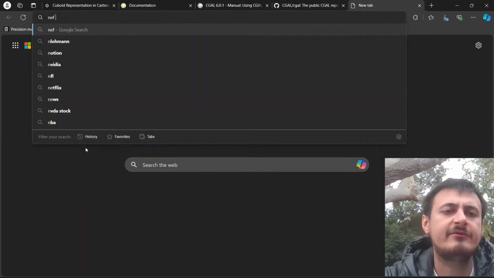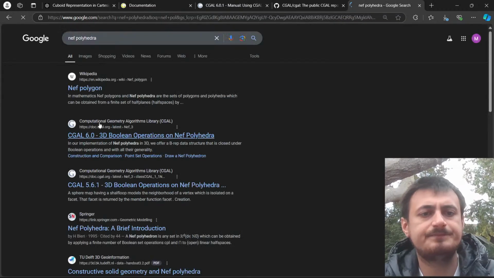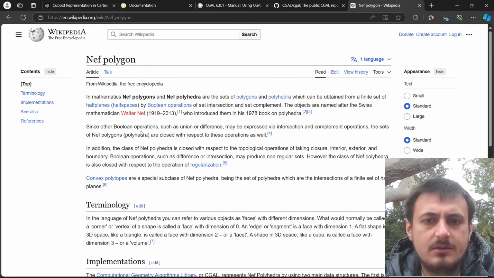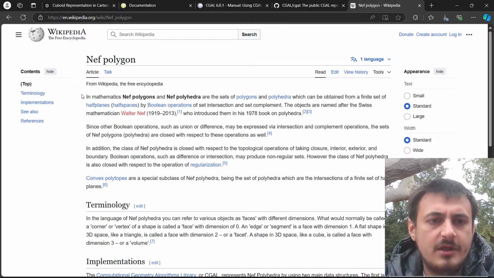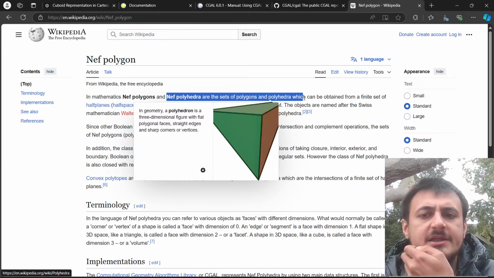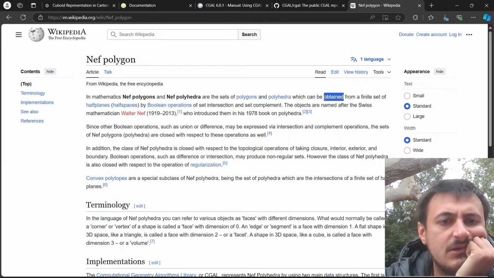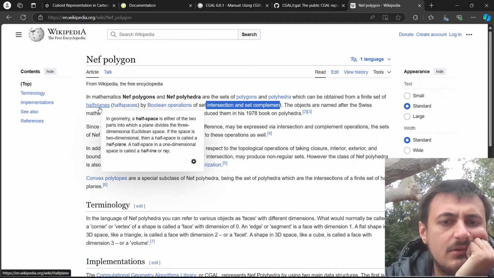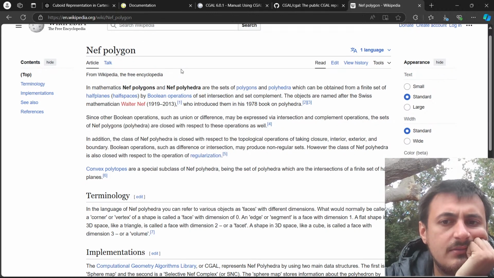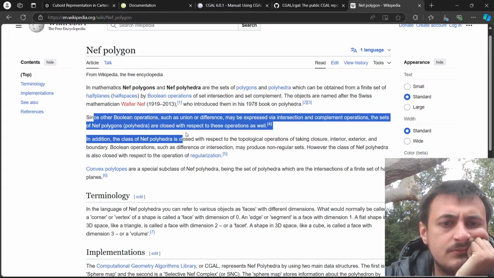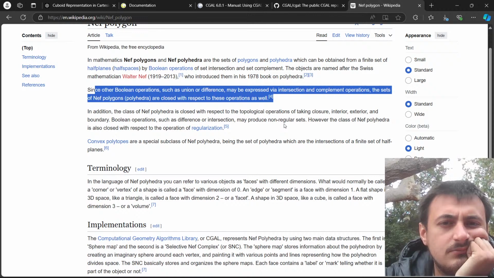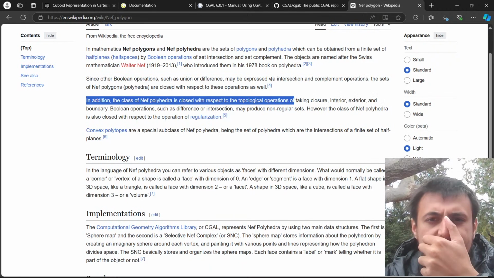Okay, first off, what is a Nef? In mathematics, Nef polygons or Nef polyhedra are the sets of polygons and polyhedra which can be obtained from a finite set of half planes by Boolean operations of set intersection and set complement. Right. So this is a motivating thing.